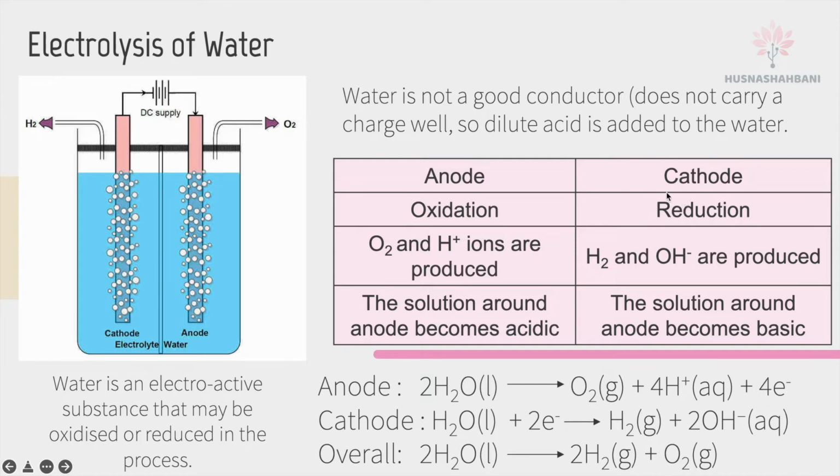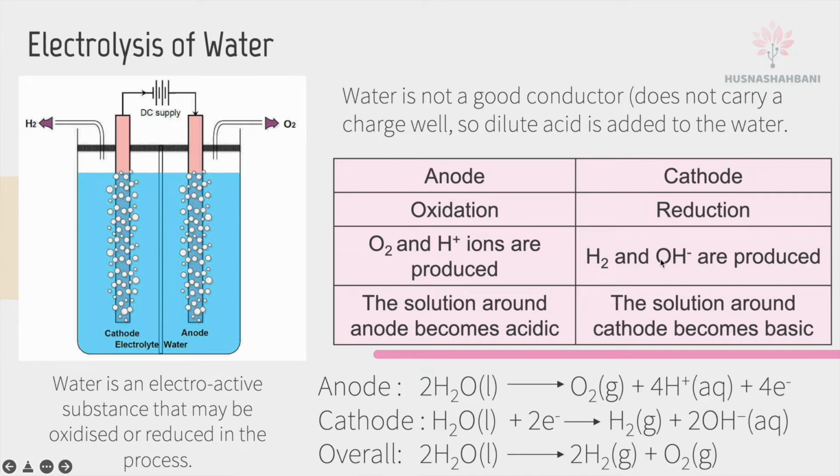And at the cathode, reduction reaction. Reduction means gaining electrons, so this water gains 2 electrons and produces H2 gas and OH- aqueous. Since we have H+ at the anode, the solution around the anode becomes acidic because of the production of H+.